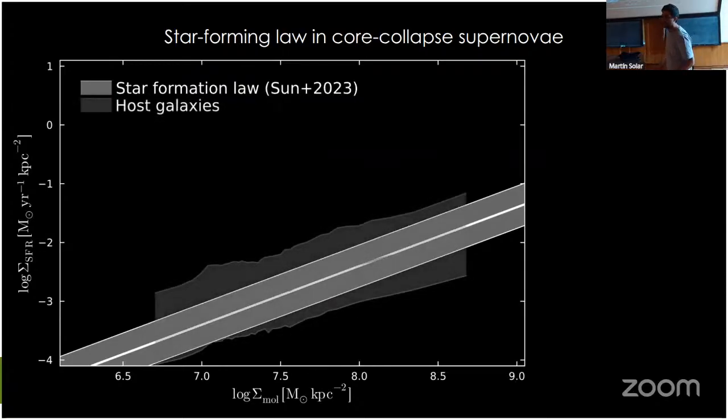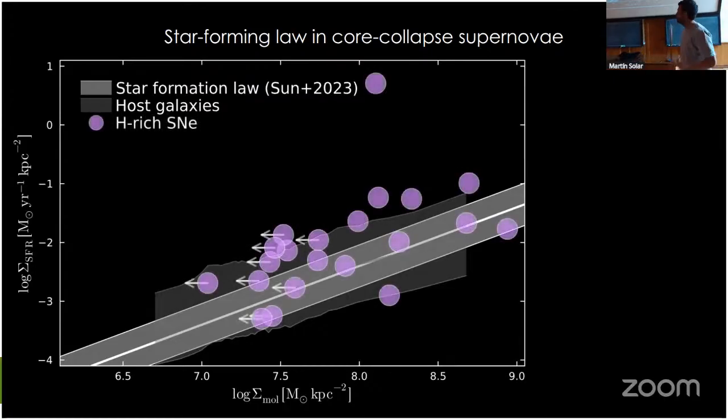We did the same using our host galaxies. It's in agreement with the literature. What is new is this plot in which we have the hydrogen-rich supernovae in the star formation law. And we see that the hydrogen-rich ones kind of follow the Kennicutt-Schmidt law, but they have higher values in the star formation rate.